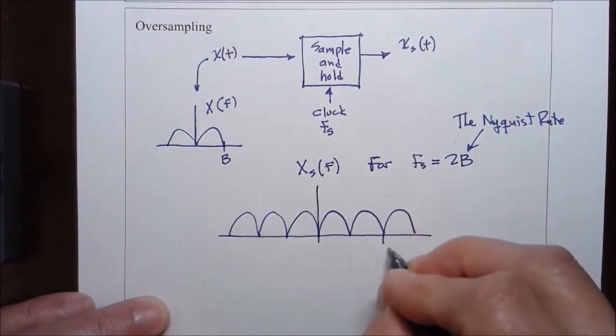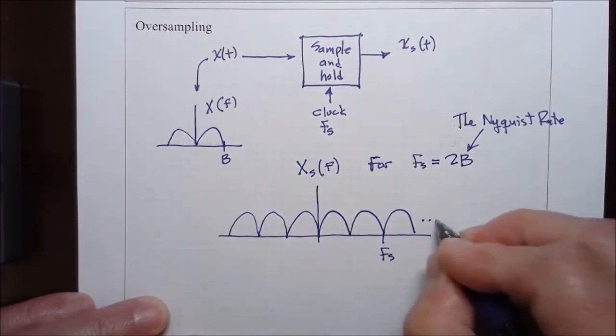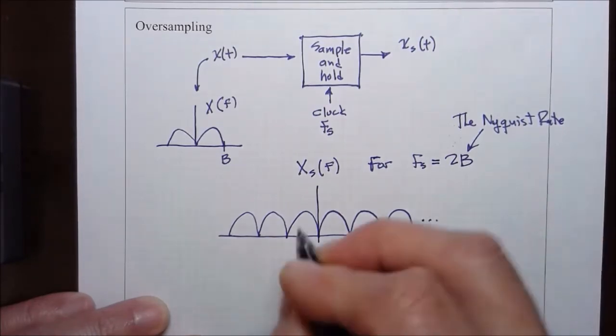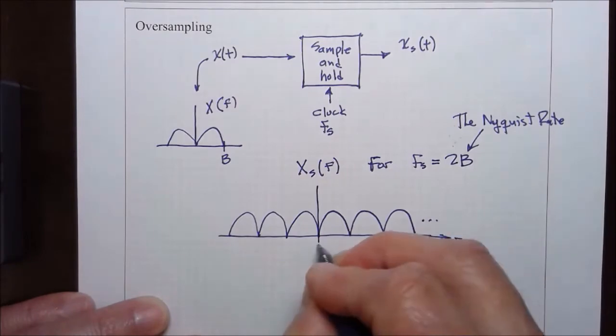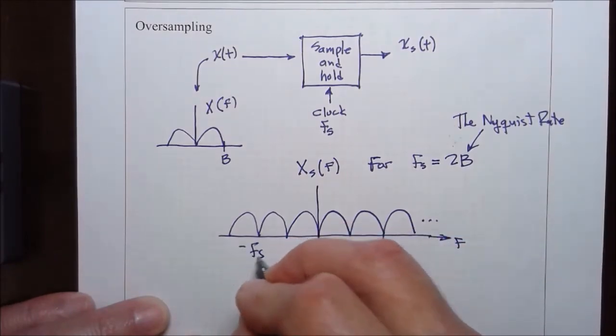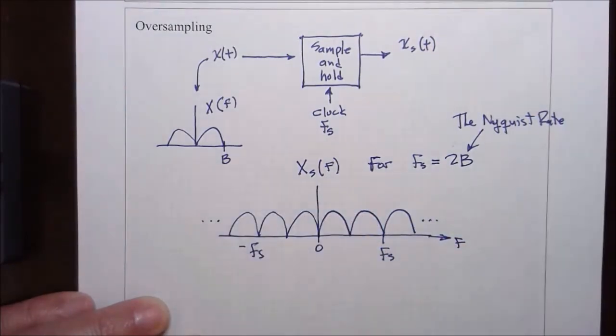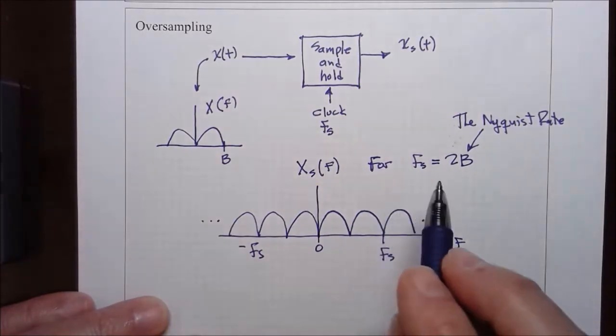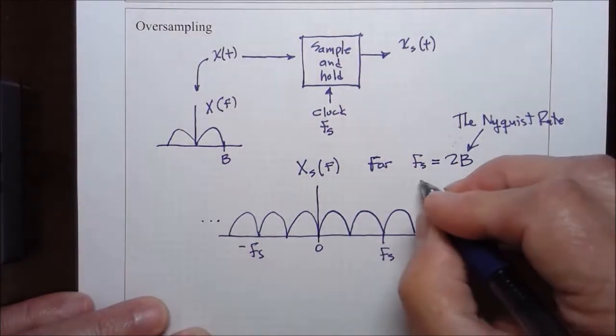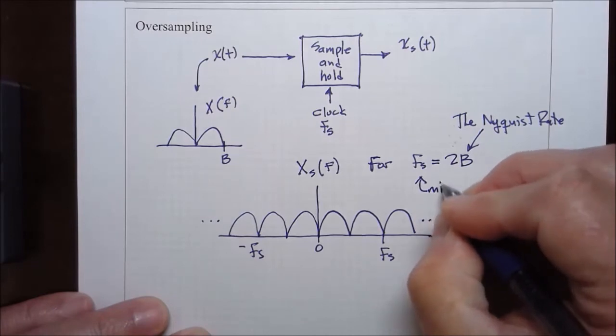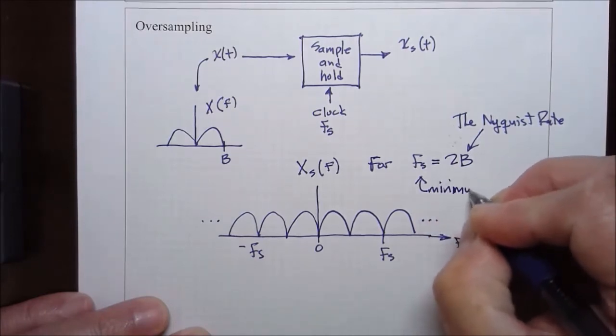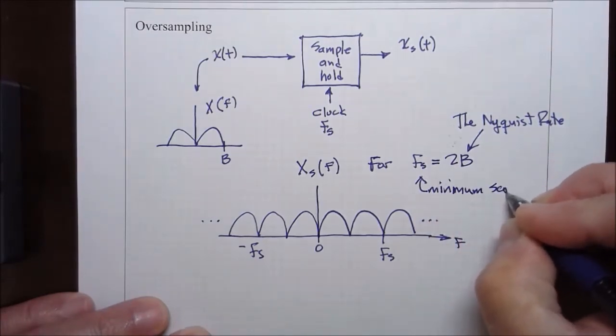This would be at Fs. This is periodic in frequency, I'm sorry, and this is at minus Fs. Now this is the minimum sampling rate.